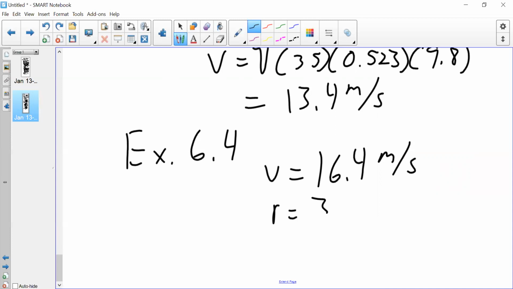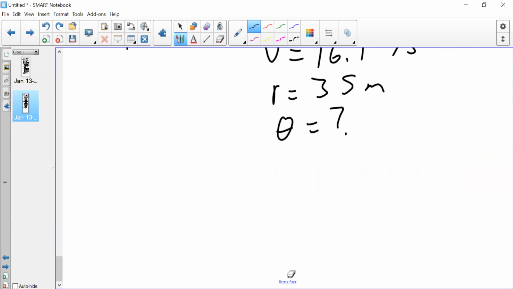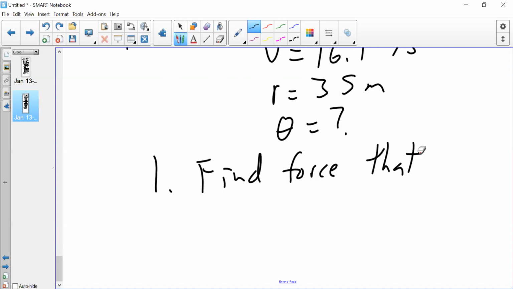So, real life problem here. One, as common, we want to find the force that makes up the centripetal. Sorry, I got confused in the previous problem. The static friction was, yeah, static friction is centripetal force, yes.